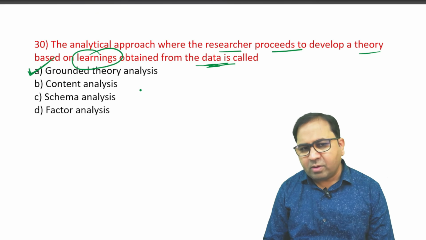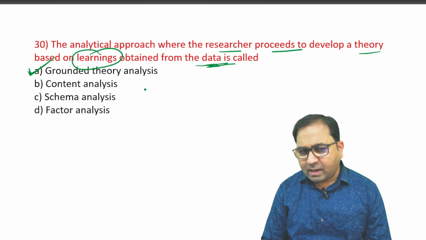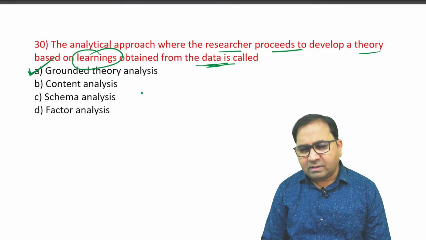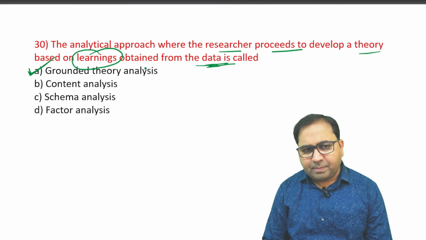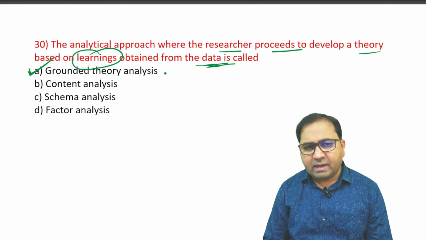Please remember this point, grounded theory analysis. We have seen this in the previous question, so please go back to the discussions we have done in the initial numbers of this chapter. Then you will find the slides regarding the grounded theory analysis.